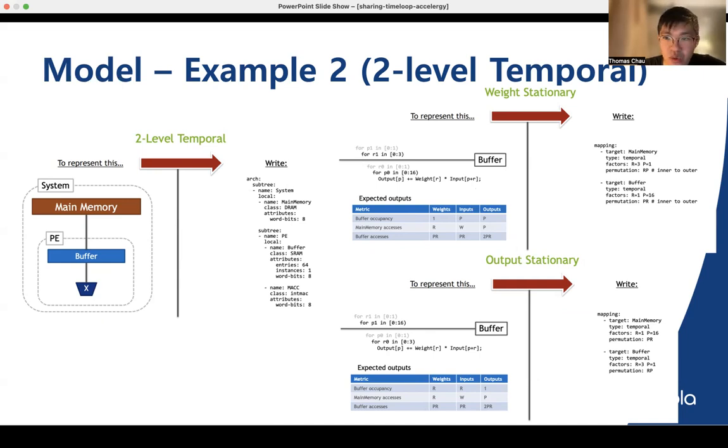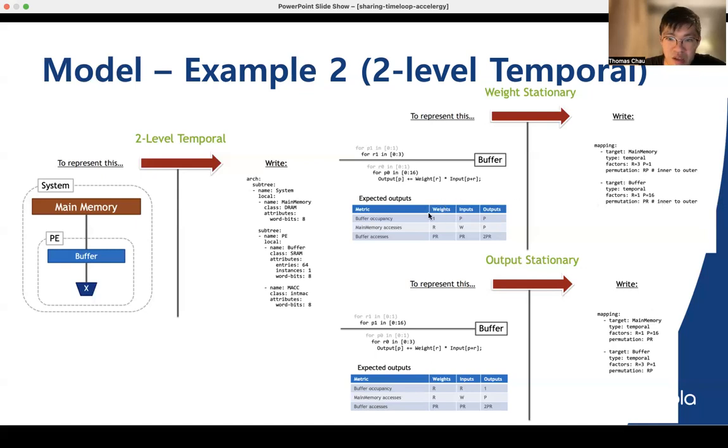In the example, there are two kinds of mapping. First is the weight stationary mapping, meaning that the P's are in the buffer and R's are in the DRAM. So the inner loop goes across the output activation, but not across the weight.